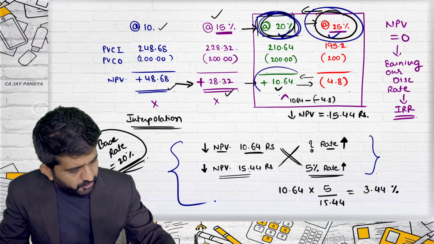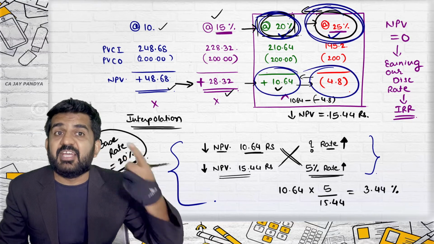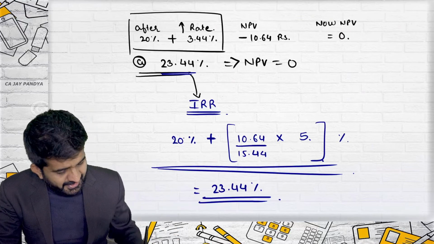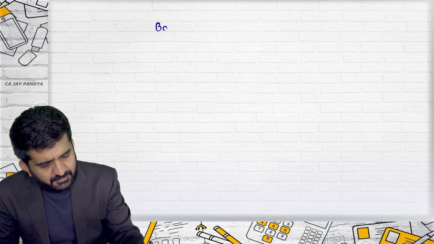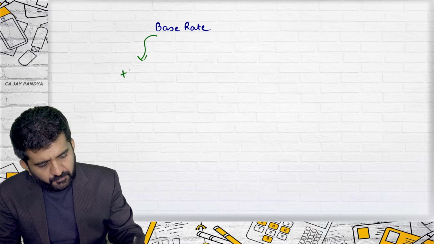Then only we get the range, and then only we can use the interpolation technique. 20% is nothing but base rate. Base rate should normally be taken of positive NPV.